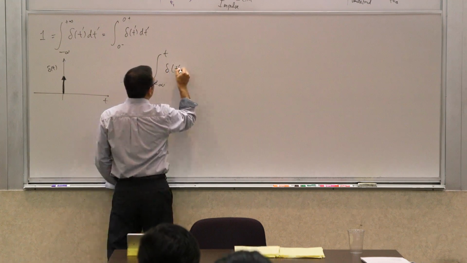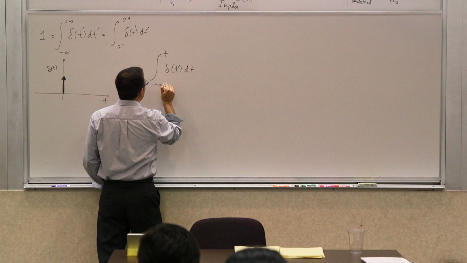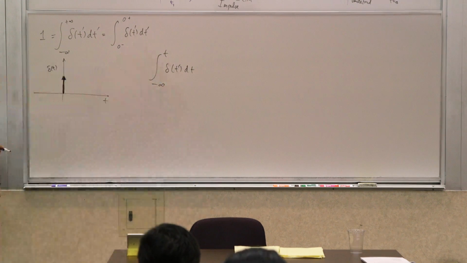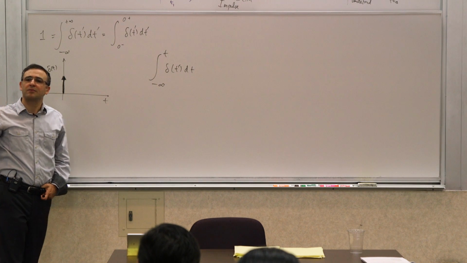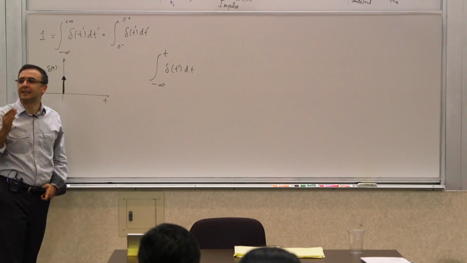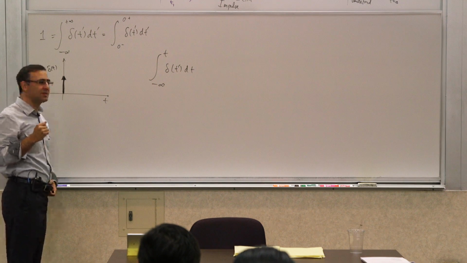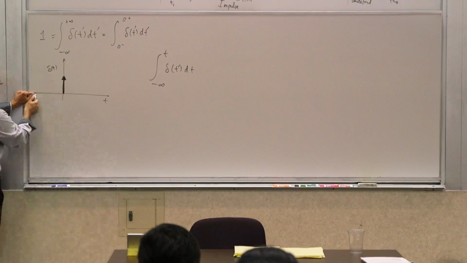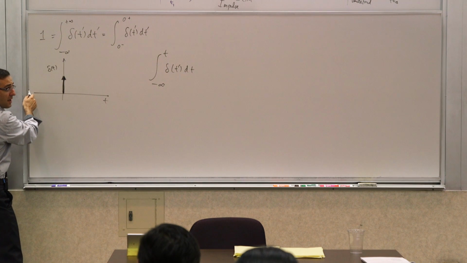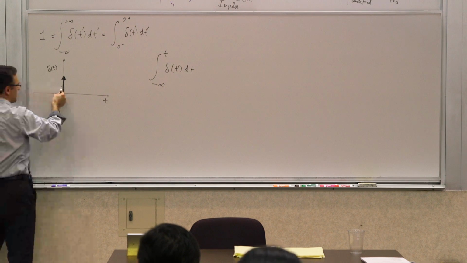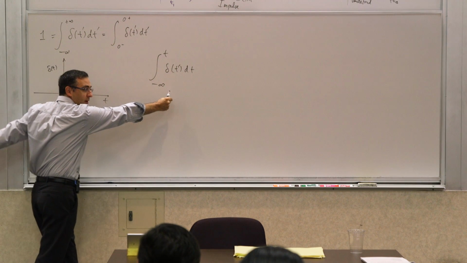Now, instead of integrating from negative infinity to positive infinity, what if we integrate from negative infinity to t? What is its value? Well, it depends on t. Integrating this from negative infinity to t means that I start from way out here and see what the area is as I start increasing t. 0, 0, 0, 0, then 1, 1, 1, 1, right?